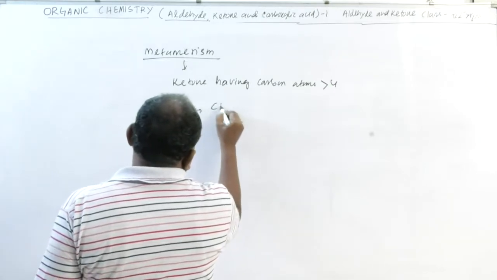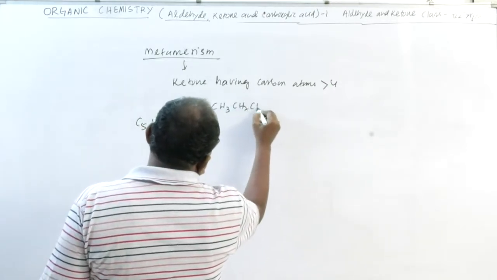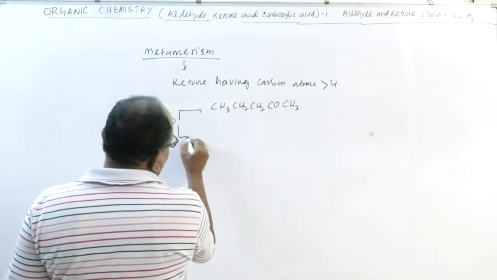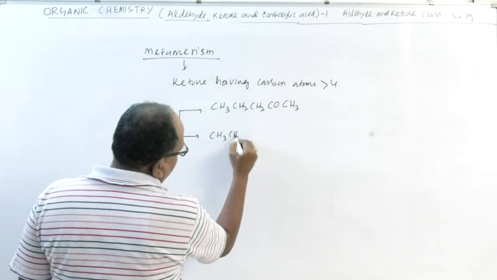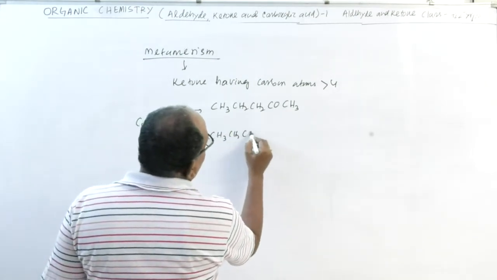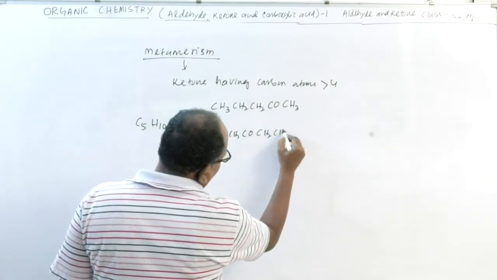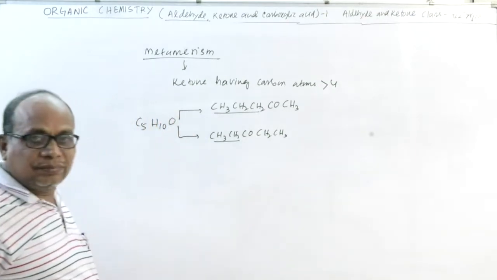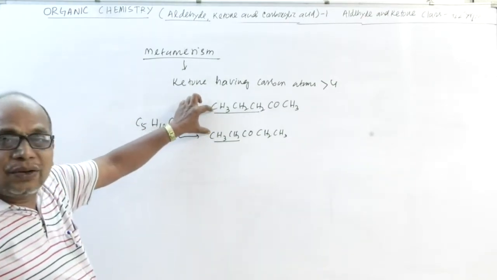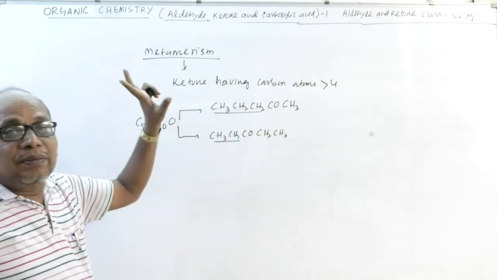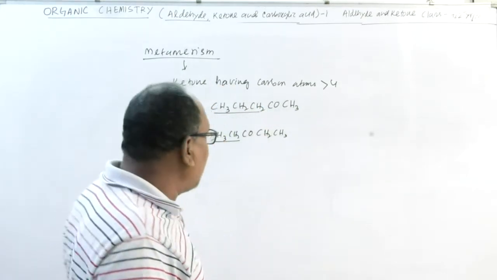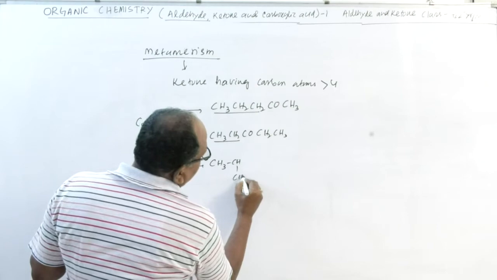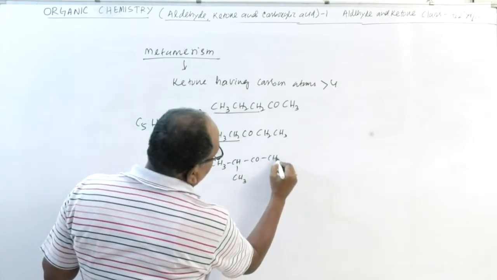One is CH3, CH2, CH2, CO, CH3. Another structure is CH3, CH2, CO, CH2, CH3. You see, this has a propyl group and this has an ethyl group. Two different structures with different alkyl groups on the sides of the ketone. Another one is CH3, CH, CH3, CO, CH3.